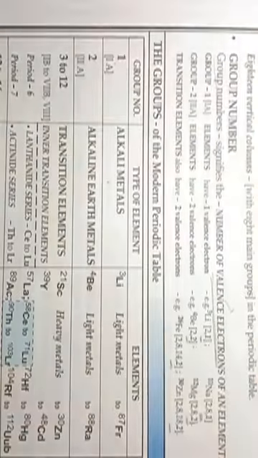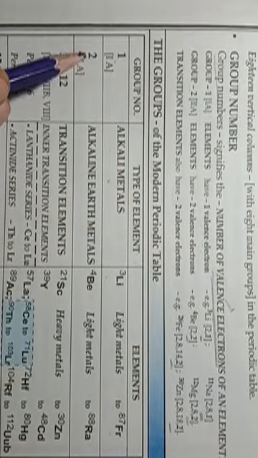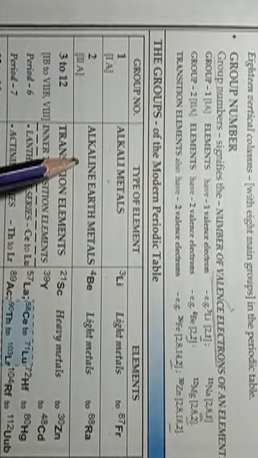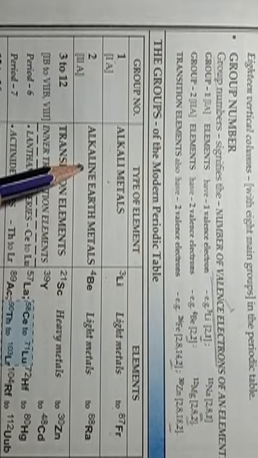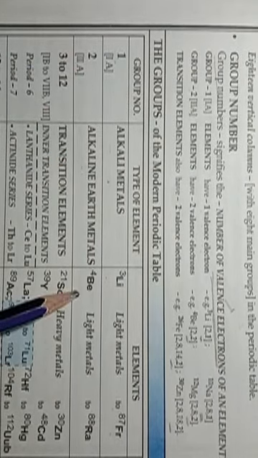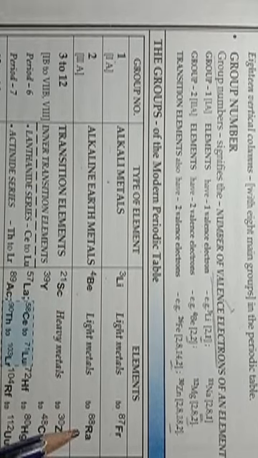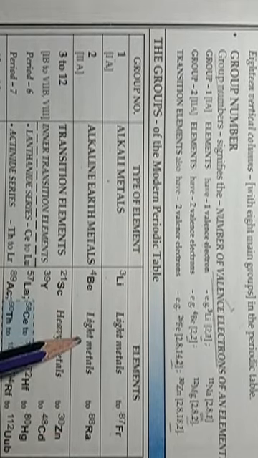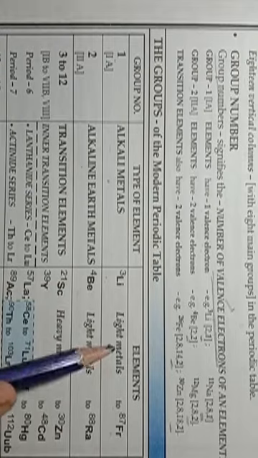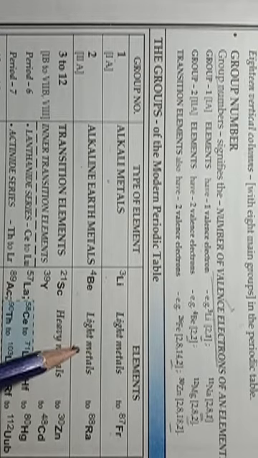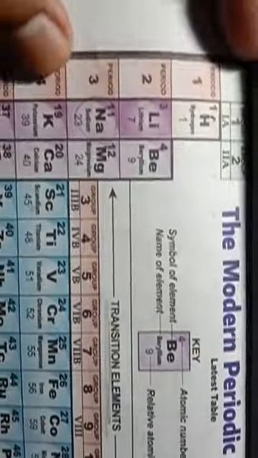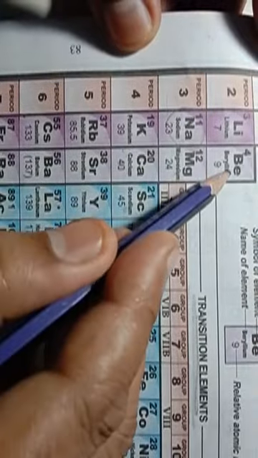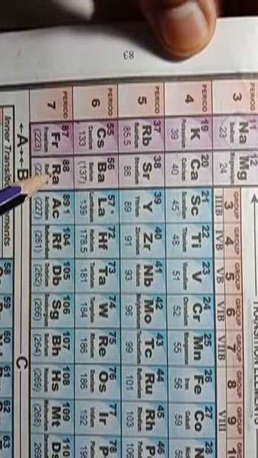Then the second group elements are collectively known as alkaline earth metals, and this group is from beryllium to radium. These are known as light metals. So first and second group elements are metals.